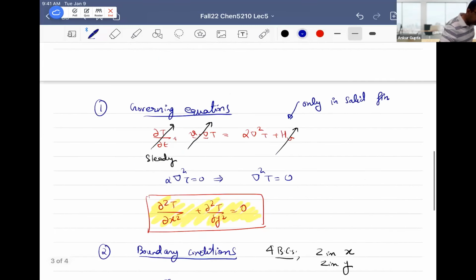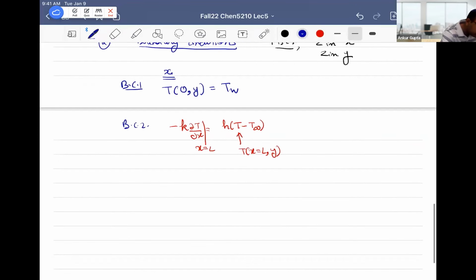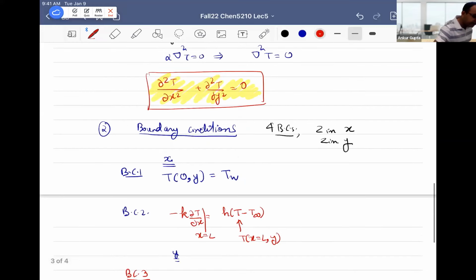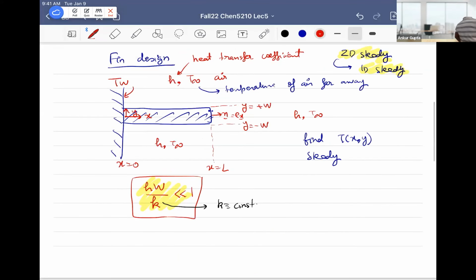So now we have two boundary conditions in x. Now let's go towards boundary conditions in y. Does anybody want to suggest the boundary in y? How do I go about it?